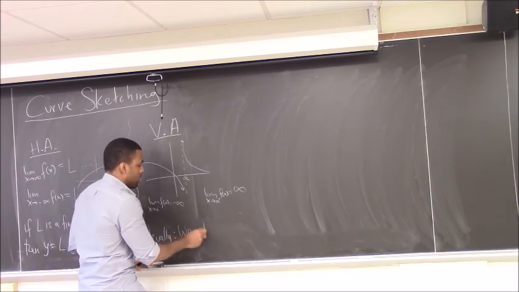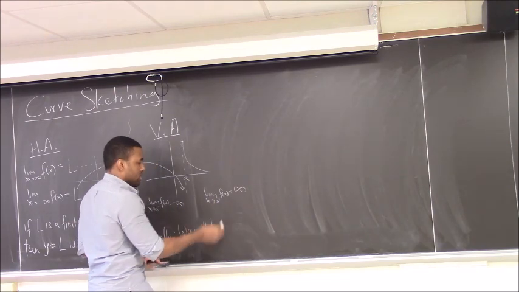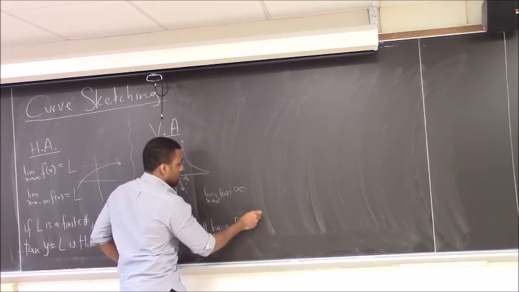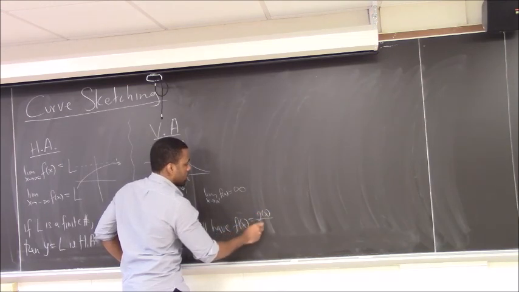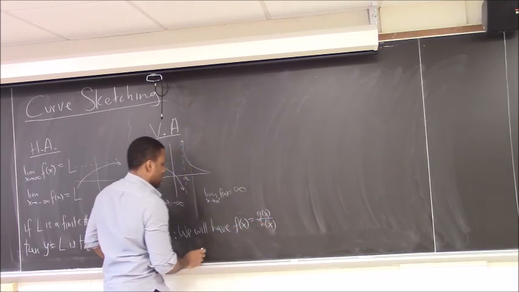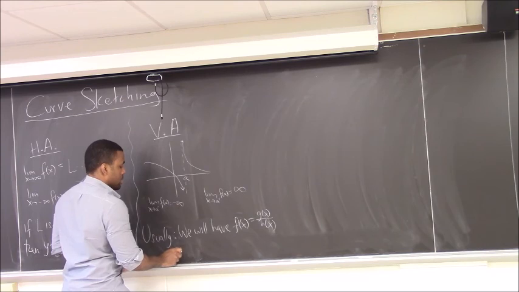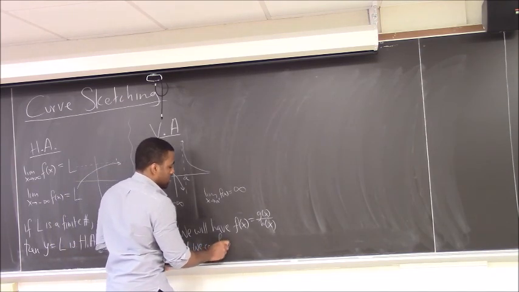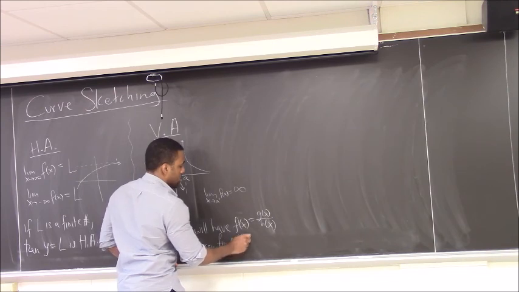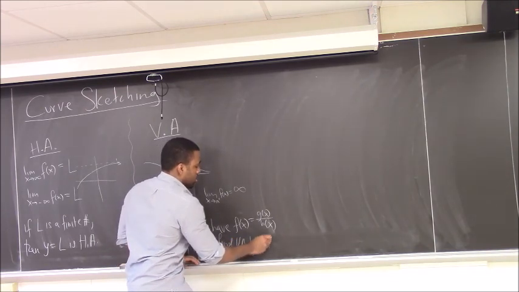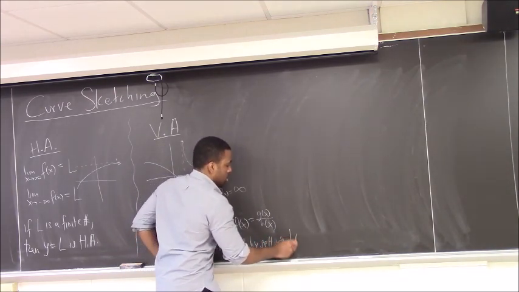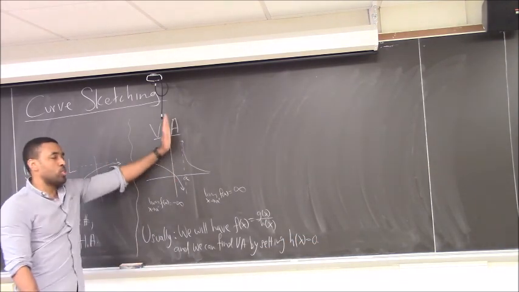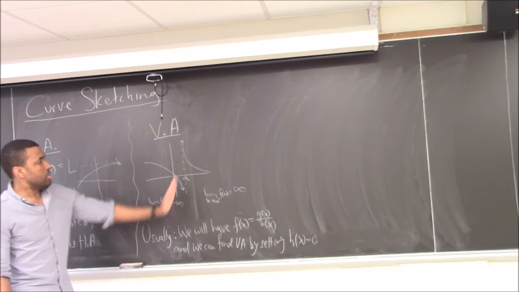Usually, when this actually applies, we will have a function of the form of some sort of ratio. And we can find vertical asymptotes by setting the denominator equal to 0. Right? We know that's usually when things like this happen.